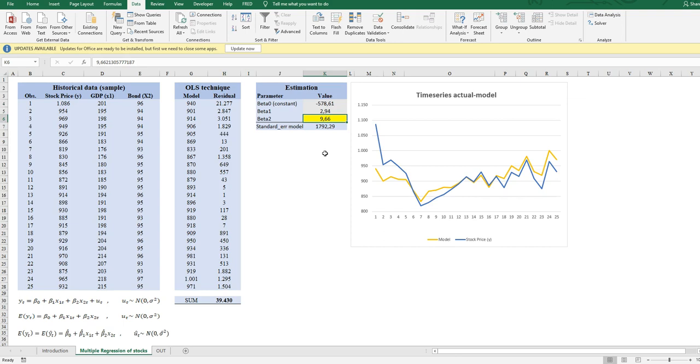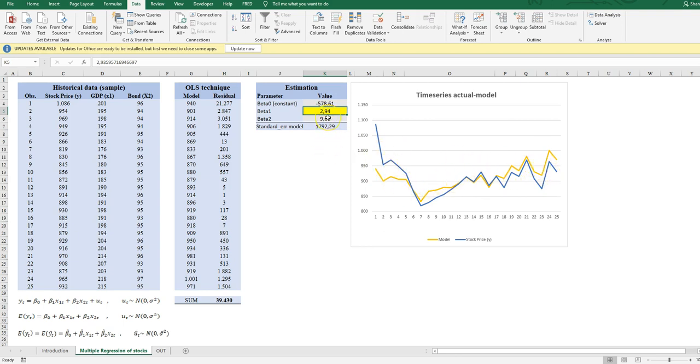So what I have done so far is to fit the actual prices of the stock with a model, and you see that here the yellow line is the model and the blue is the stock price. If I change this slightly, the model should be lower.